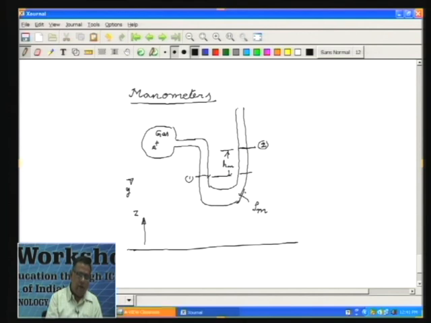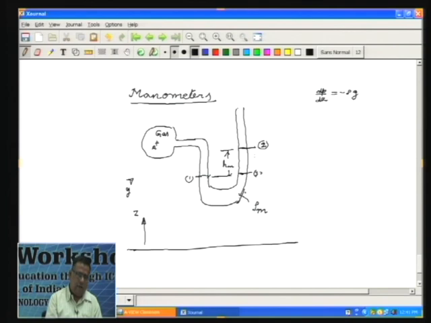Now, this is a continuous mass of liquid, and the pressure at the same horizontal level will be the same, because we have found that pressure varies only with the height. So, if I take a point here and a point here, the pressure will be the same. If you want, you can call this 3. Now, we know that dP dz is minus rho g, this we have seen.